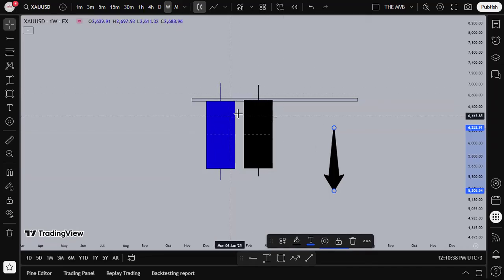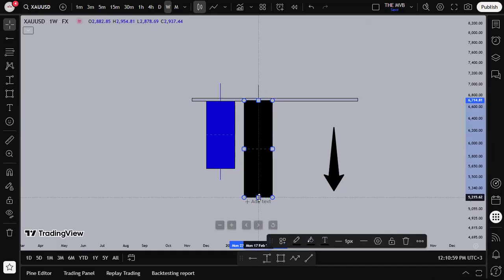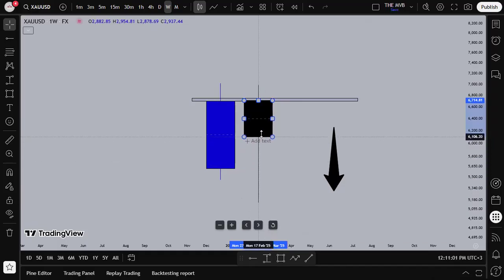And in order to know that this level is strong, we need to look at the body size of those candles, okay? And the candle closure, okay? So when we see a candle closing like this, that is a strong level. Sometimes it can be more like this, or sometimes it can be more like 50% of it, at least 50% of it.